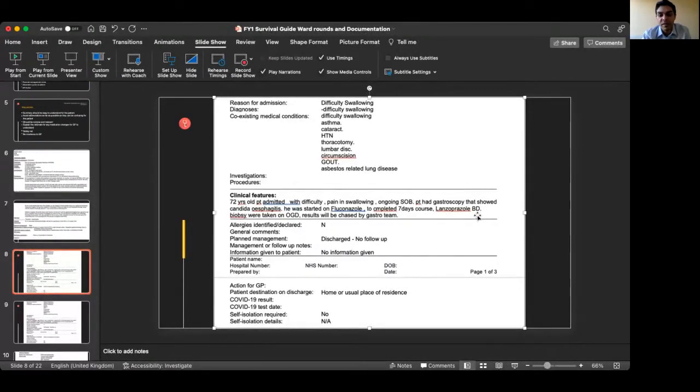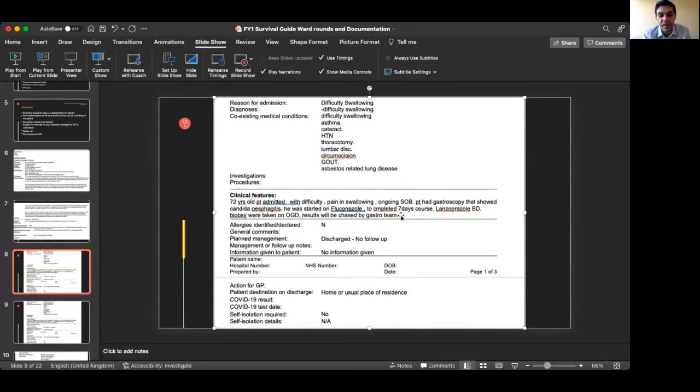BD means twice a day for those of you who don't know. Biopsy was taken on OGD. Again, grammatical mistakes, and OGD is not explained to the patient. Abbreviations such as SOB or OGD, your GP will understand, but your patient won't.